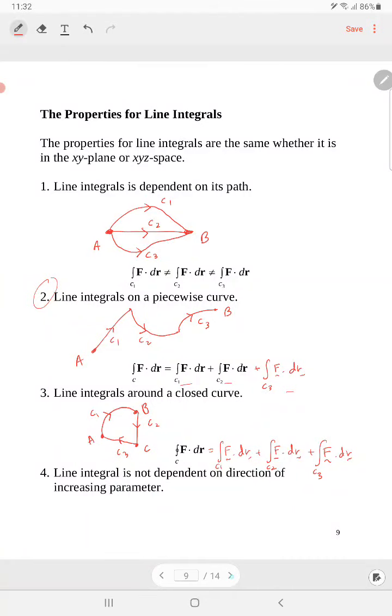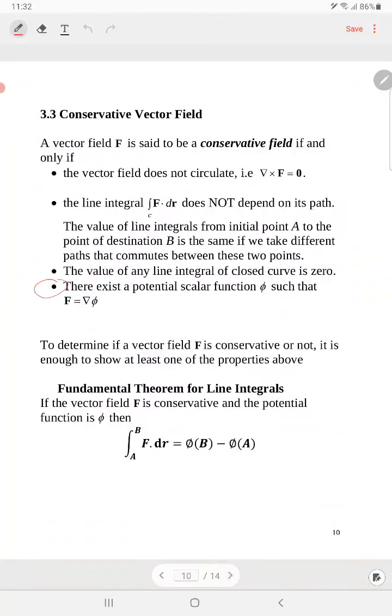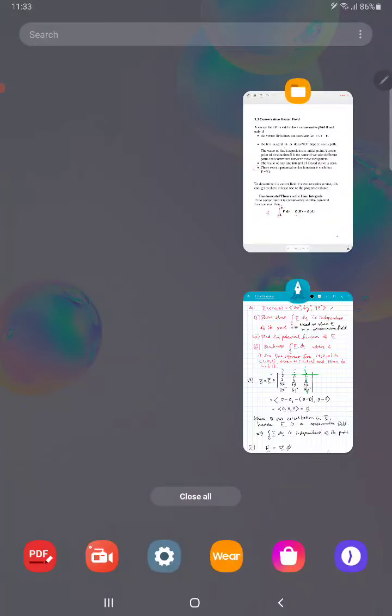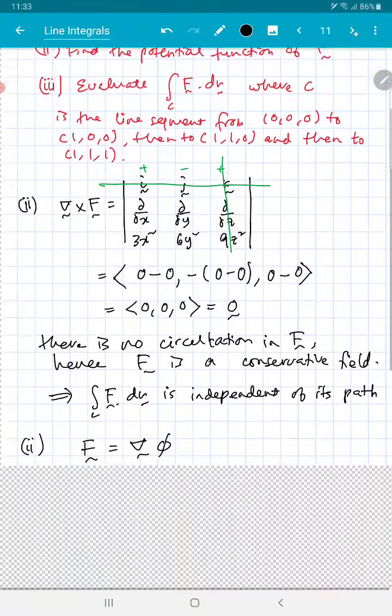But f is a conservative field, so we don't have to do that. What you need to do now is just use the fundamental theorem, where you only need the initial point and the destination point. So the starting point and the ending point. It doesn't matter how many stops it makes in between. You just use the initial point and the destination point, and of course our potential function. So we're going to use the fundamental theorem for line integrals.